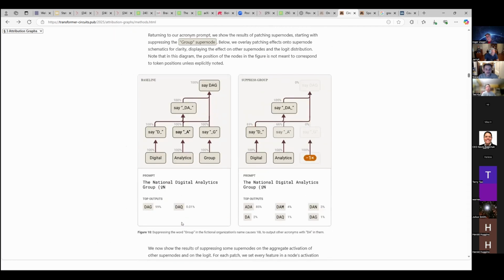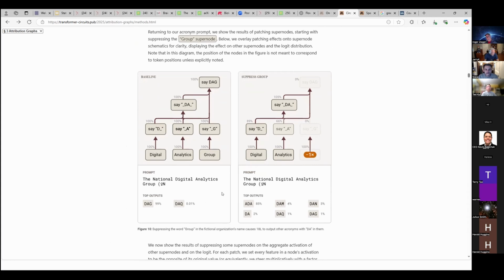And that's the thing, is that we know the token position and we know the layers where to actually make these changes. So here you can see, if I wanted to erase the influence of group, I could just take -1 times the output of group and inject it in the right place, and it's as if I zeroed it out. And one thing that might happen is this intermediate node, by the way, these are fictitious graphs, might then disappear when I remove this.